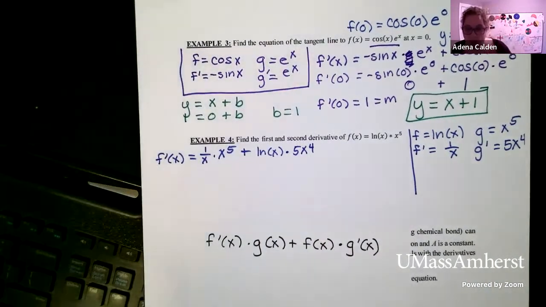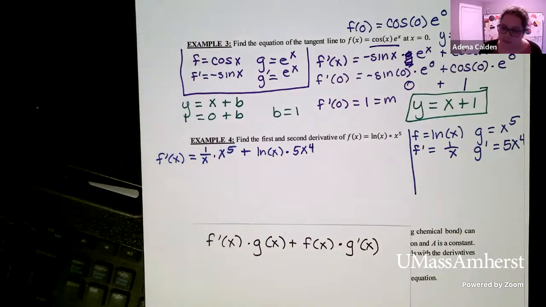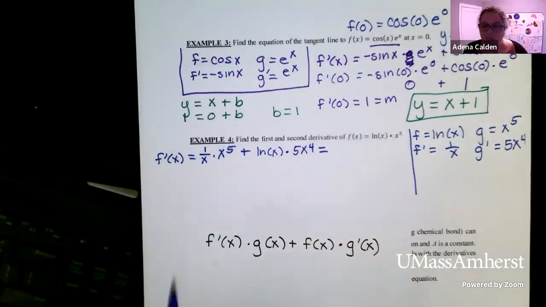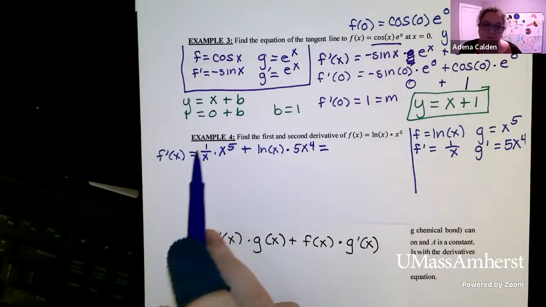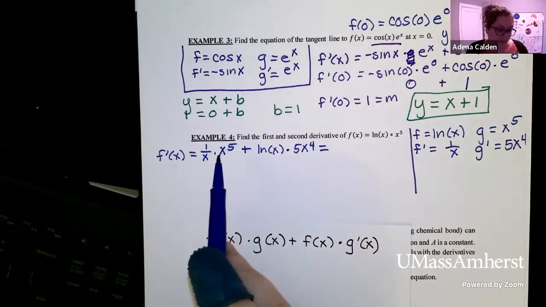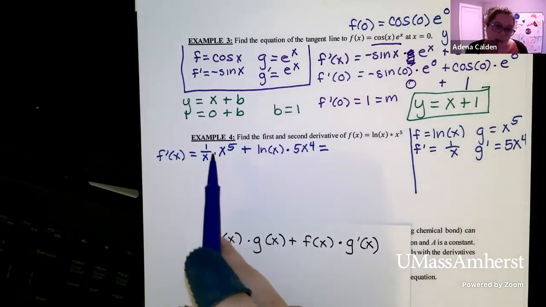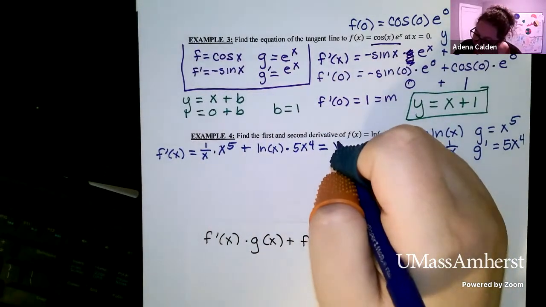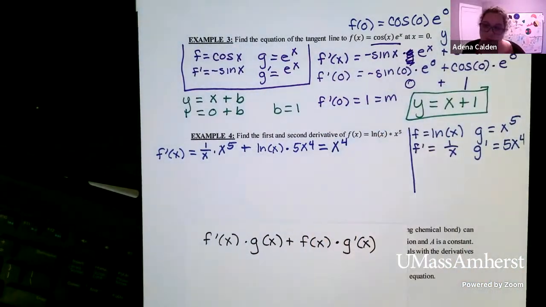And my recommendation was to try to simplify this if you can before finding the second derivative. And the simplification that can happen here is in the first term. So if you have 1 over x times x to the 5th, the x that's on the bottom here will cancel one of the x's that's in x to the 5th and simplify into x to the 4th.